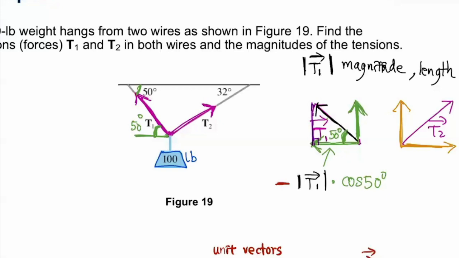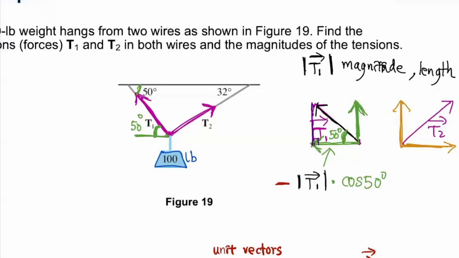Not yet, not 100. But that is a good point. You kind of see the 100, but then you see T2 also has a component, right? So these 2 should add up to 100. So the green one alone shouldn't be 100 because the sum of these 2 should be 100.